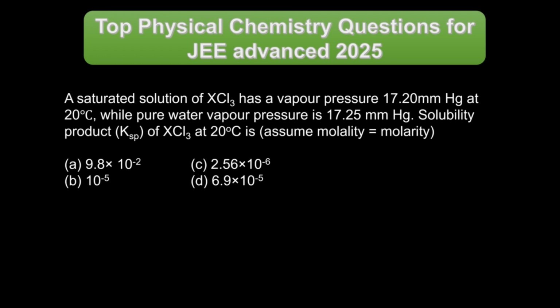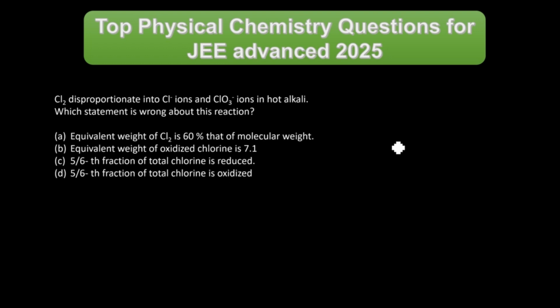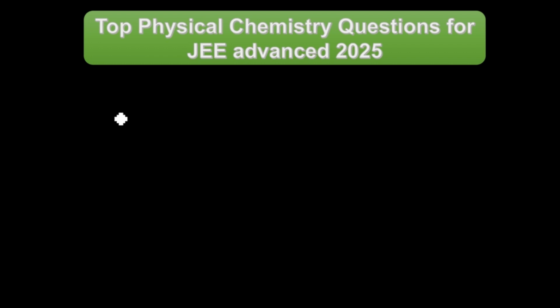Solution chapter along with the equilibrium is combined. Cool. So let's see the first part, which is about the vapor pressure. How can we solve this type of question? Finally they are asking for KSP. That I understood.